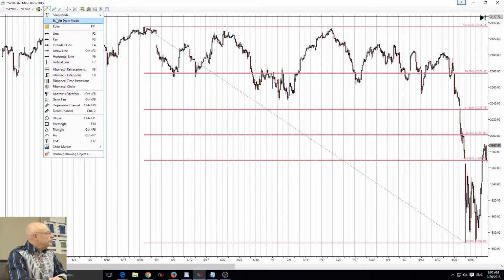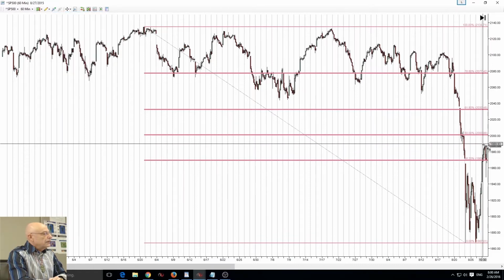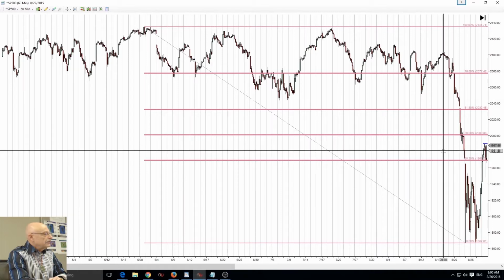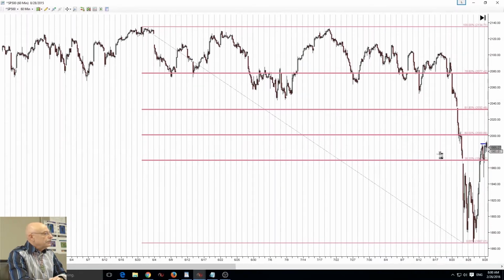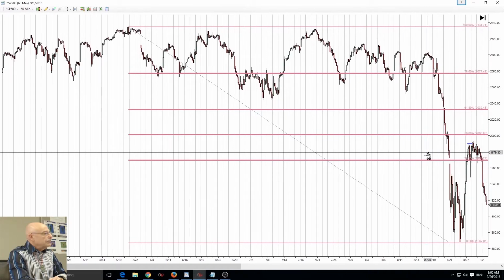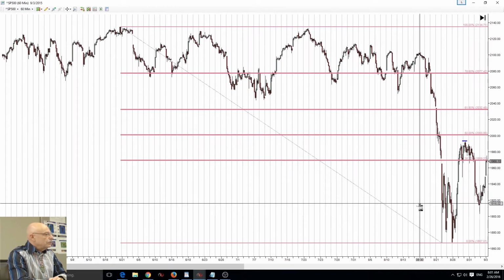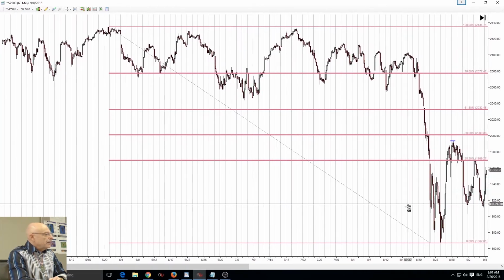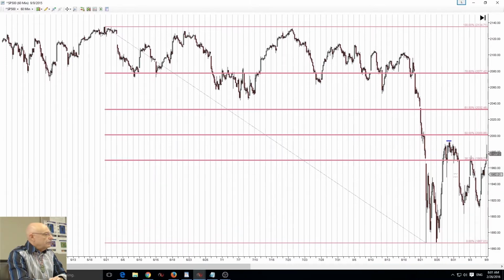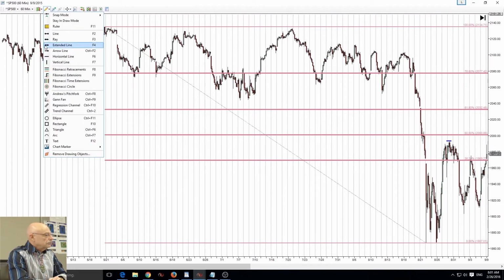And what we might have here, okay, this line showing that above that level we're going to have it here. So pull back, even with that pullback, again higher low, and this is the first line.